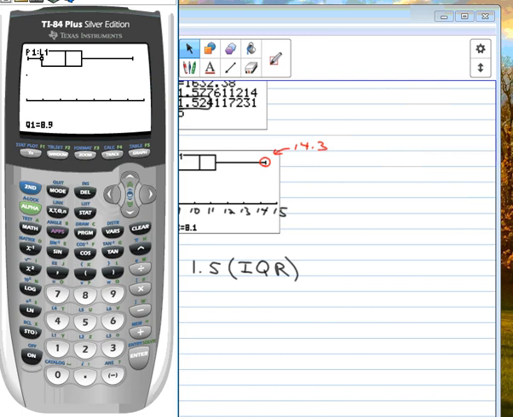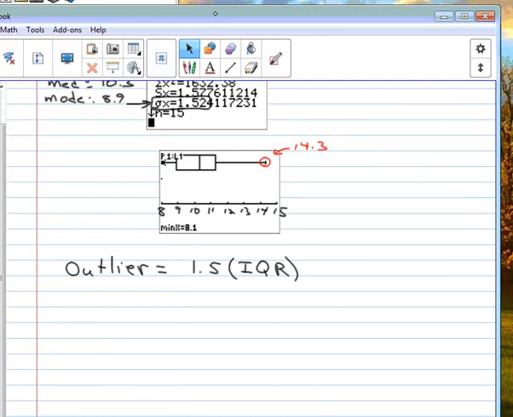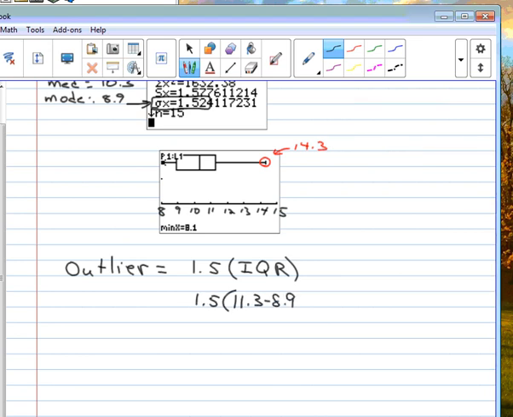So 11.3 minus 8.9. 1.5 times 11.3 minus 8.9. What do you get for 1.5 times the interquartile range? 3.6. 3.6?